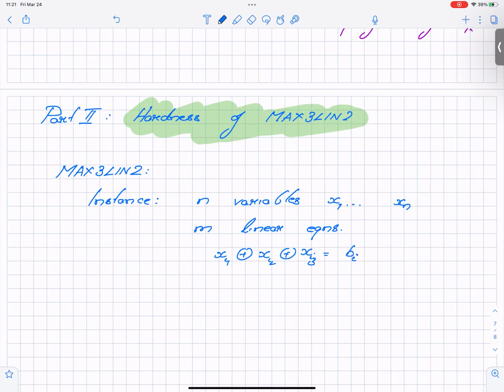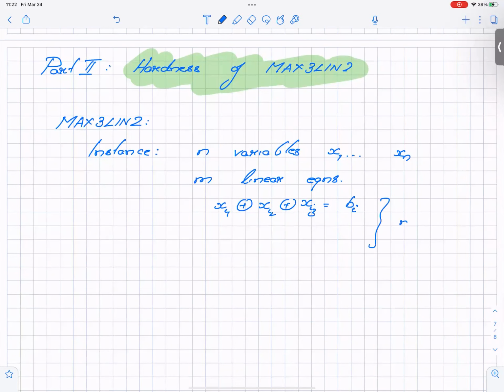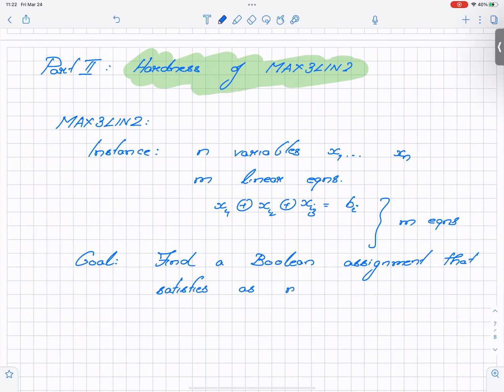So the 3 comes from the fact that each linear equation involves 3 variables, and 2 comes from the fact that these variables all come from GF(2). So there are m such equations, and the goal is to find a Boolean assignment that satisfies as many equations as possible. That's Max-3-Lin-2.